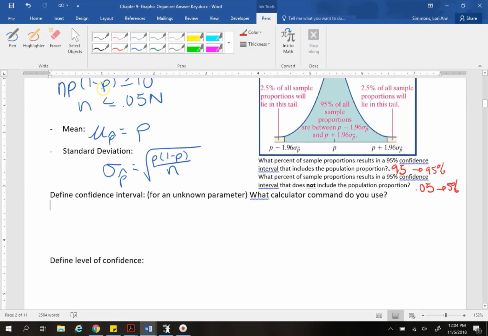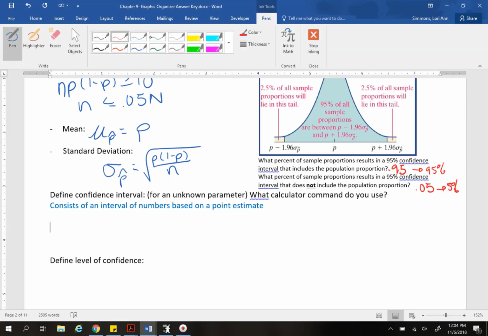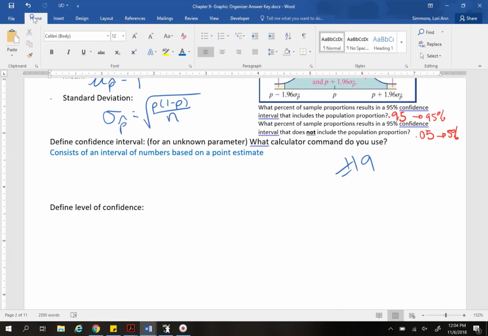All right, let's move on to the confidence interval. This is for an unknown parameter. It consists of an interval of numbers based on a point estimate. We're going to use number 9 on our calculator sheet. And let's define the level of confidence.